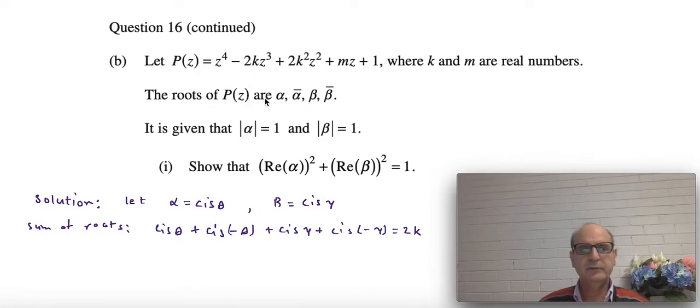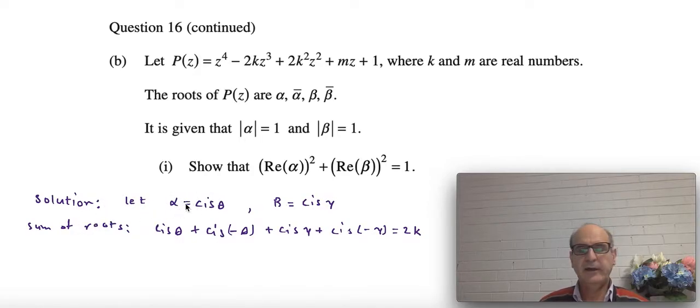The roots of P(z) are alpha, alpha bar, beta, and beta bar. It is given that the modulus of alpha is 1 and the modulus of beta also is 1. Show that the real part of alpha squared plus the real part of beta squared equals 1.